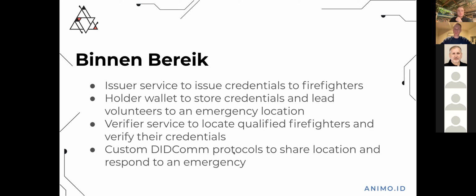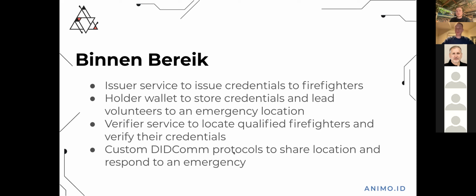For a pilot project we did, this is where we leverage SSI and also verify credentials to do this in a more privacy preserving manner. We could do it by storing everything in a server with the dispatch center, but that would mean all qualifications would need to be stored on the service.